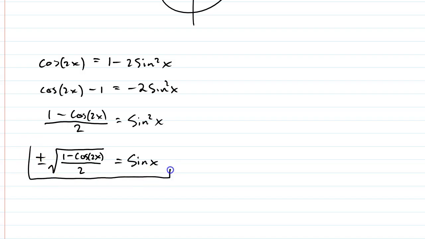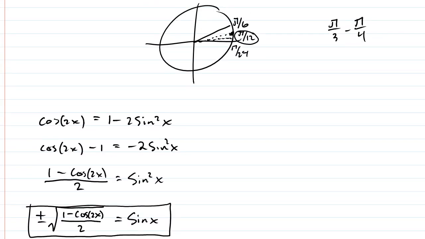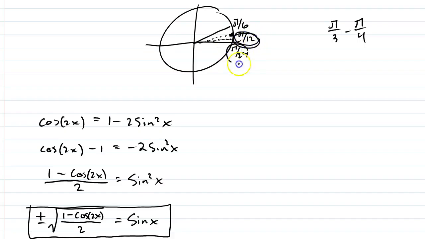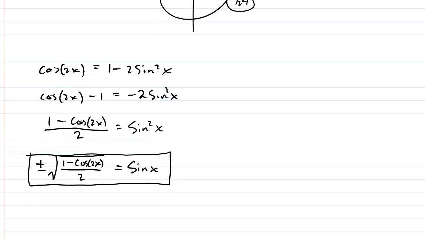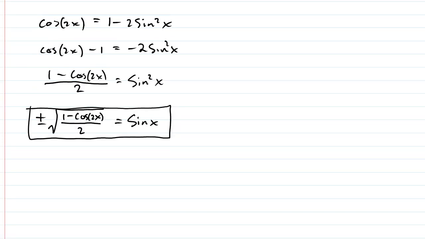Now this is the half angle formula for sine, and what I mean is, if you were trying to find the sine of pi over 12 or pi over 24, and you know you're in the first quadrant, then after you square root, you know that you're going to end up with a positive answer just by the context, because sine is positive in the first quadrant. So you just have to pay attention to that, and you have to realize whatever angle you're finding, you need to be able to justify whether it's positive or negative based on the quadrant it's in.